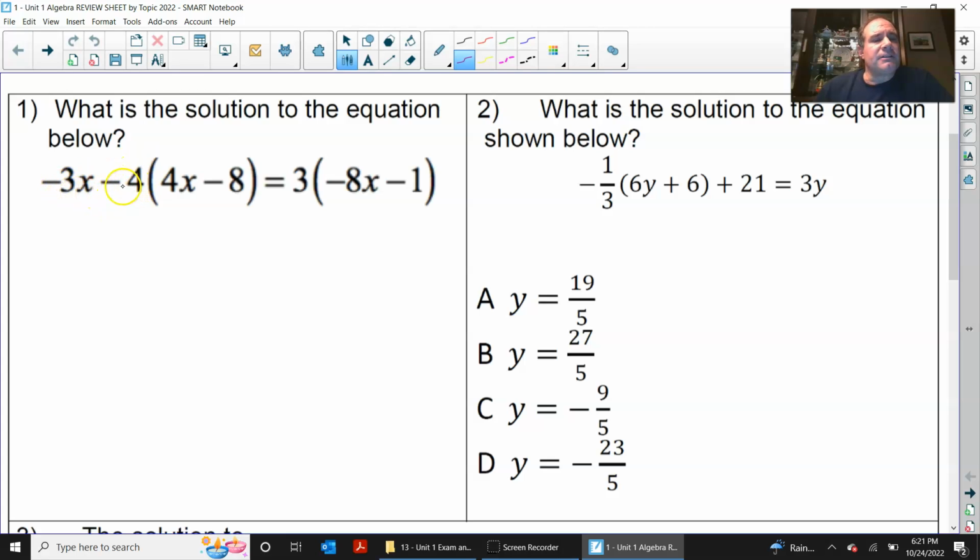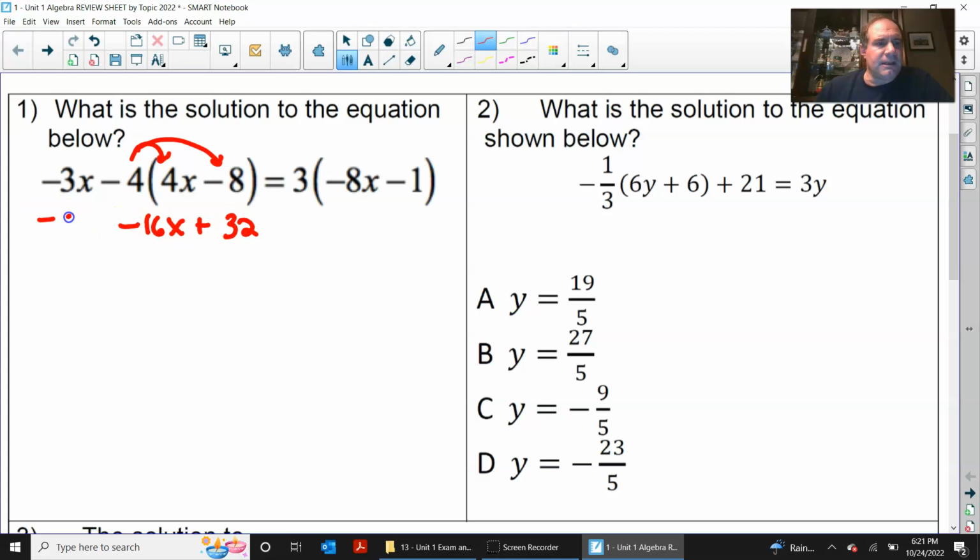You have negative 3x minus 4 times 4x minus 8 equals 3 times negative 8x minus 1. This is a long problem, but the first thing that we're going to do is distributive property. This is a negative 4, so just be careful with that. Negative 16x, negative 4 times negative 8 is a positive 32.